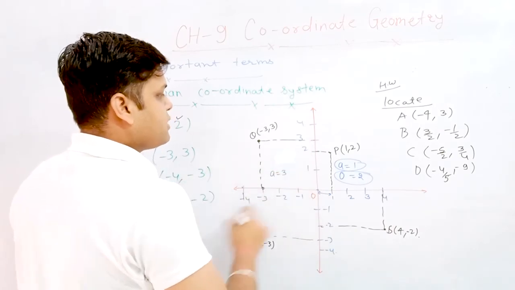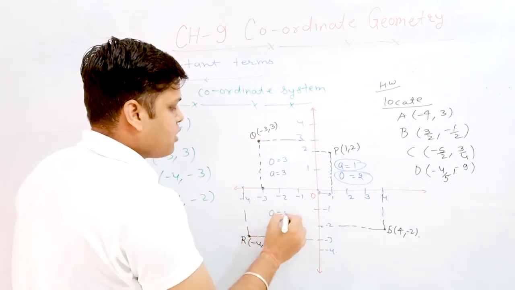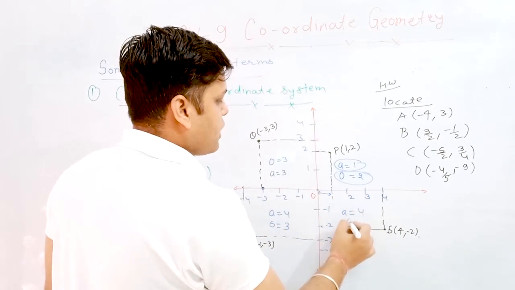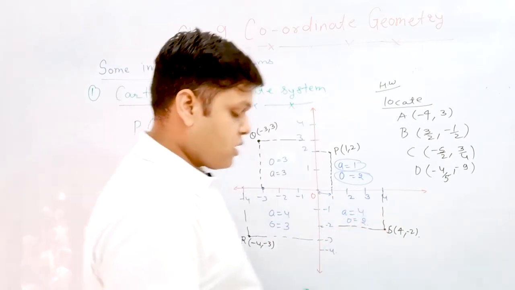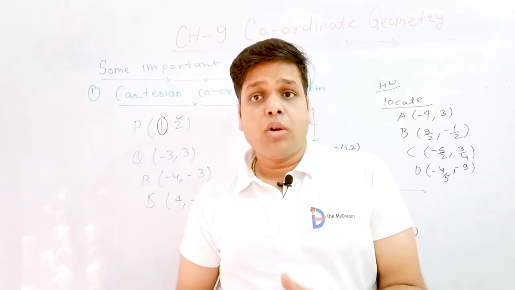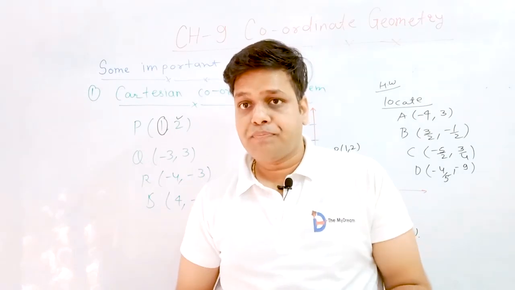So abscissa becomes 3 and ordinate also becomes 3. Here abscissa becomes 4, ordinate becomes 3. Here abscissa becomes 4 and ordinate becomes 2. You have to know that the abscissa and ordinates are the distances with respect to origin.